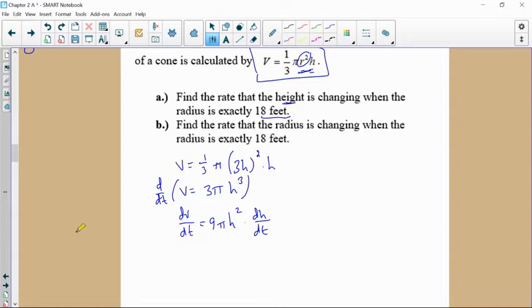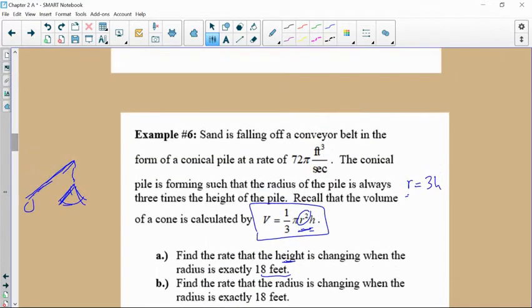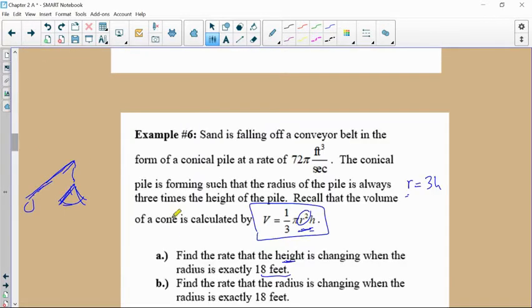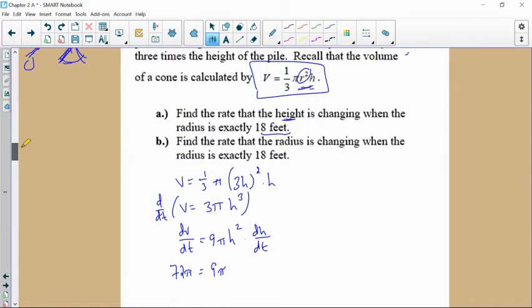So then remember this dV/dt we have here. It says it's changing at a rate of 72 pi cubic feet per second, and it's falling off it, creating it to make it larger and larger and larger. My point being that is a positive 72 pi equals 9 pi, and then we want to know what the height is.